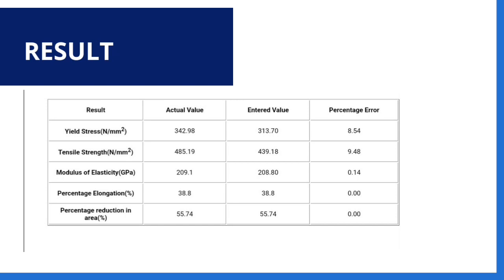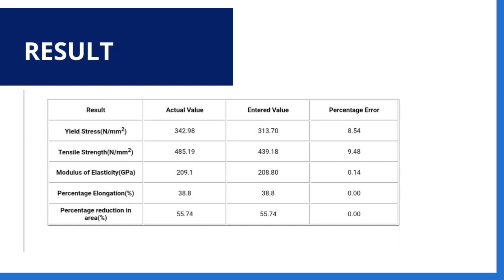Third is modulus of elasticity. Actual value is 209.1. Entered value is 208.80. Percentage error is 0.14. Fourth is percentage elongation.